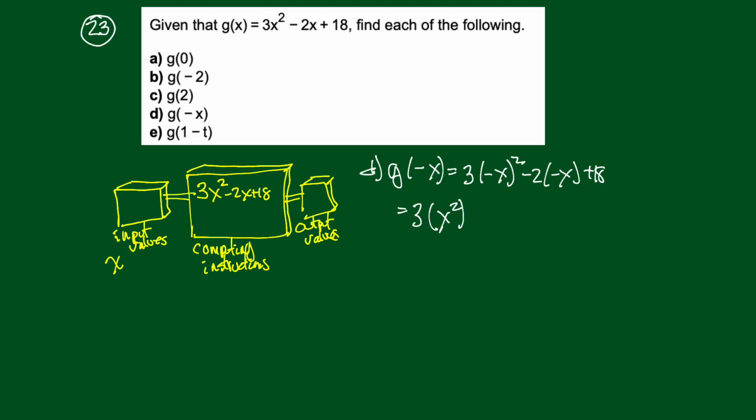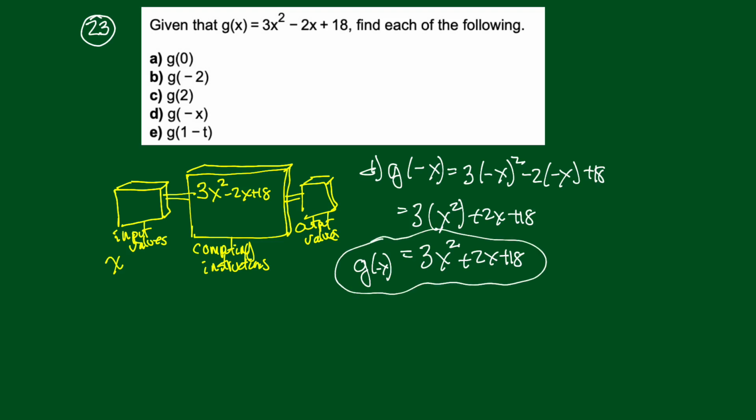Now, negative 2 times negative x, I'm over here. Negative 2 times negative x is positive 2x, and then plus 18. Okay, now I'm just going to write it like this. 3x squared plus 2x plus 18. So that is g of negative x. That's the best we can do for that.